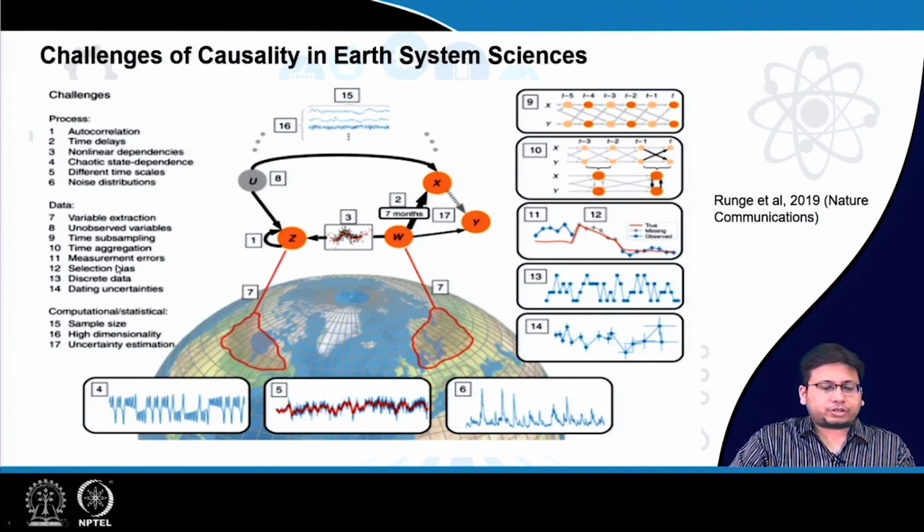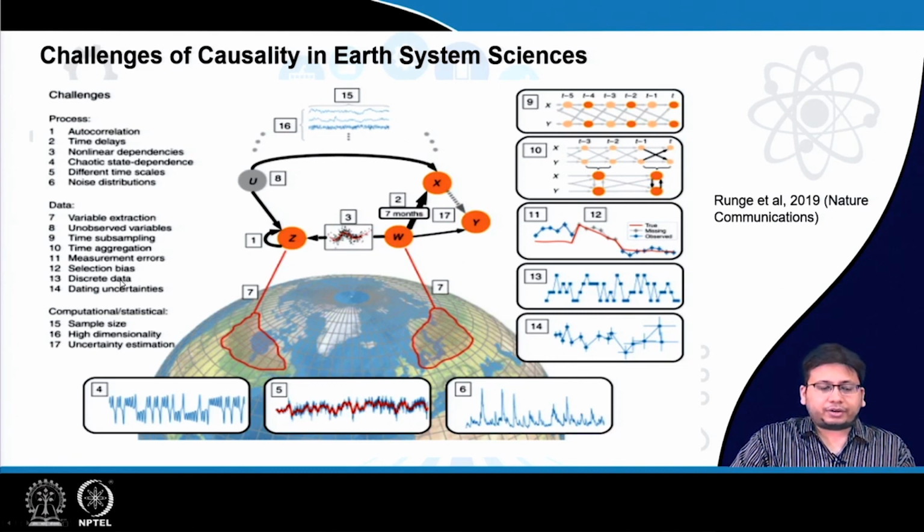Then there are of course problems related to measurement errors, that is when we fail to measure the variables accurately, and thereby we may end up coming up with relations that are spurious. Then there can be selection bias, where we focus only on one part of the data which is not representative of the entire data.